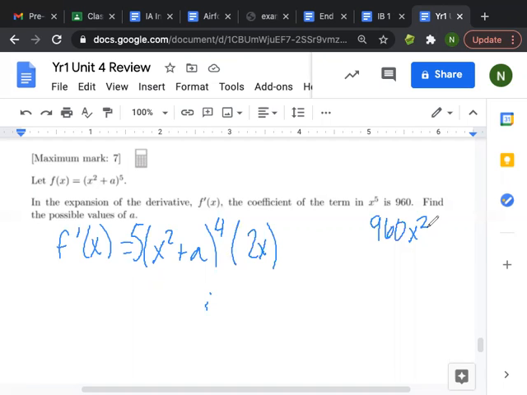Ms. Thompson, shouldn't it be 960x to the 5? Yes, sorry. Why would it be 2x plus 1? Because A is just a number. So when you take the derivative of a number, it goes away. I almost wrote 2 again. Just so we're clear.